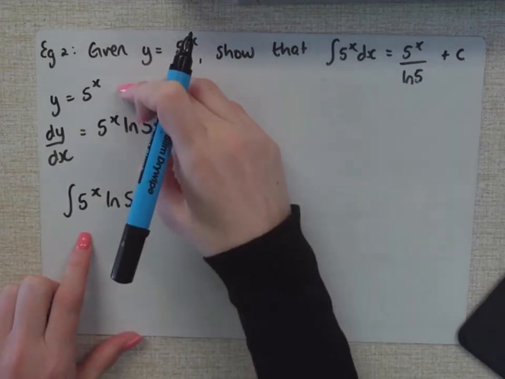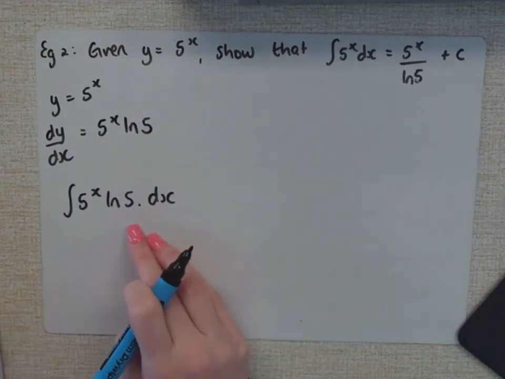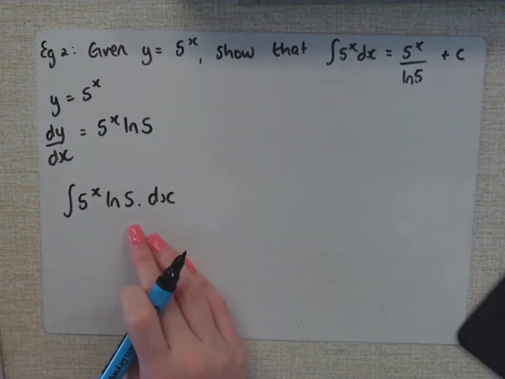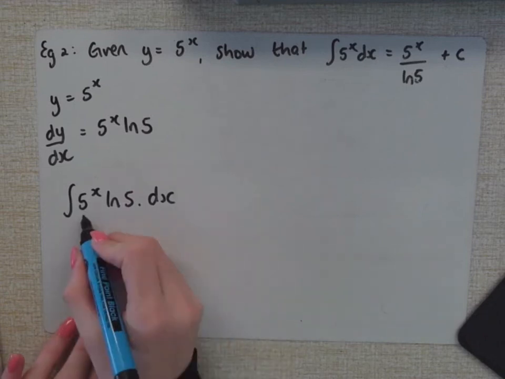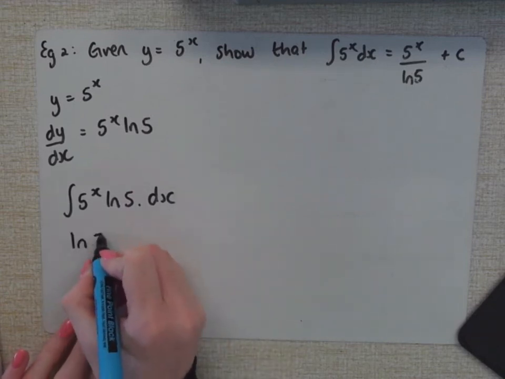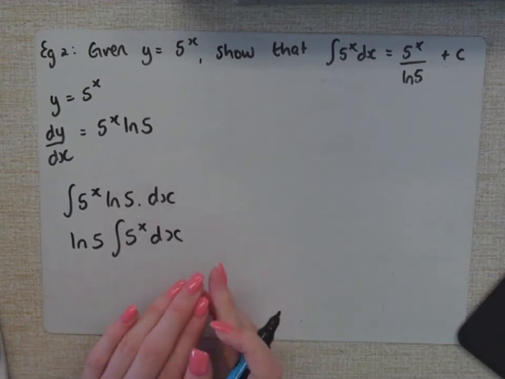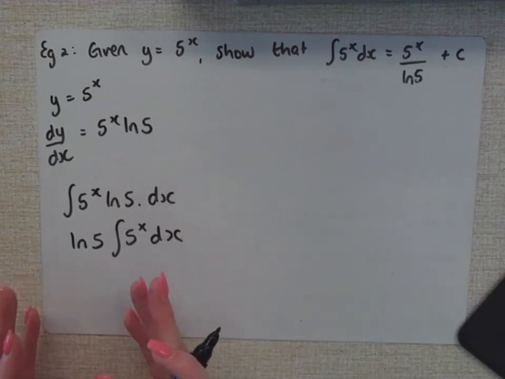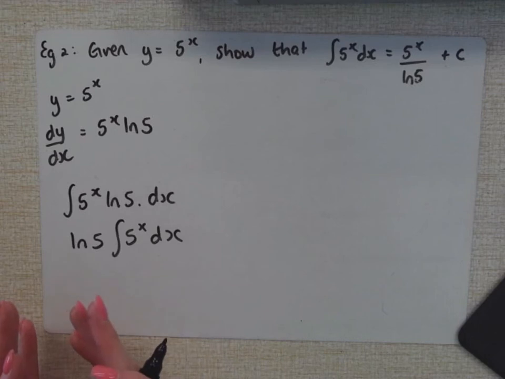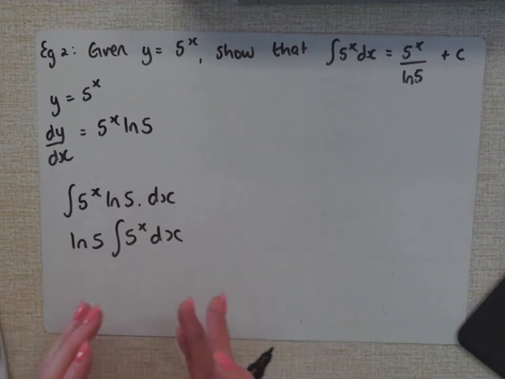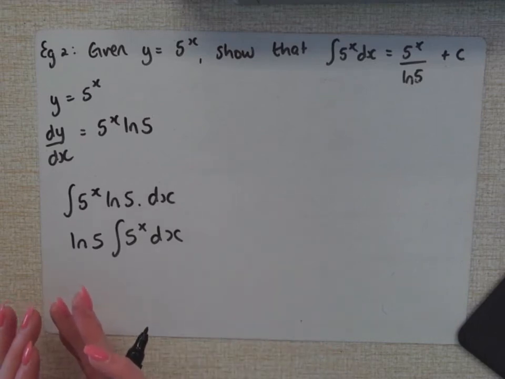Integrating this, I know I get back to this. To integrate ln 5 or to integrate 2, it just stays as 2. So I have ln 5. I can pull it outside the integration sign because nothing happens to it. So if ever you have a constant, it can come outside the integration sign.